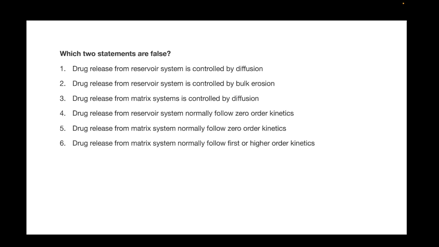You have to select two false statements here. Please let me know what you think the answer is, and then we'll discuss it. You can either unmute or write in the chat box.